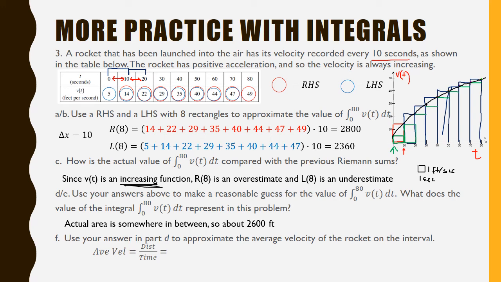Here we take the total distance the rocket traveled and divide it by the total time it took. So using 2,600 feet for the distance and 80 seconds for the time, you get an average velocity of about 32.5 feet per second, which seems about average, right? If I draw 32.5 here, that's about average.